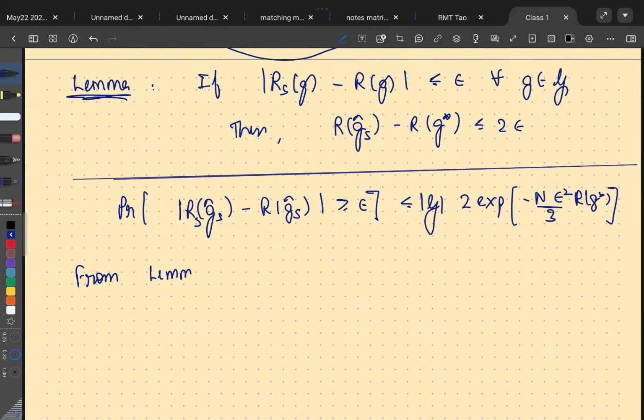Does this hold for every G? Which one? This part. I mean, it's because it holds for every g that I can claim that this holds for gs hat.